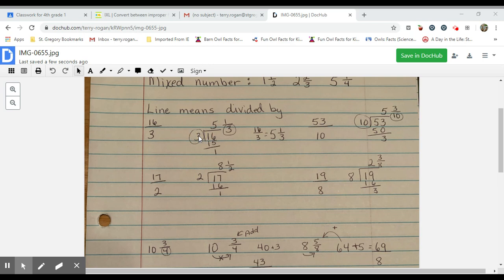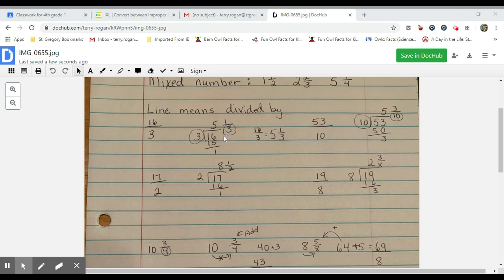How many groups of 3 go into 16? 5. 5 times 3 is 15, and then we have 1 left over. Well, instead of writing this as 5 with a remainder of 1, we're going to write it as a mixed number. We're going to say that it's 5 with 1/3 left over, 1/3.